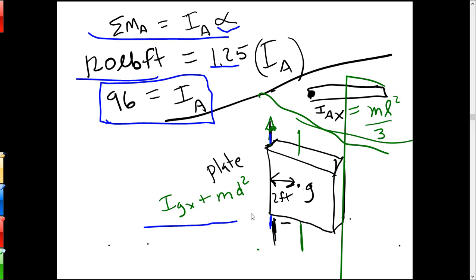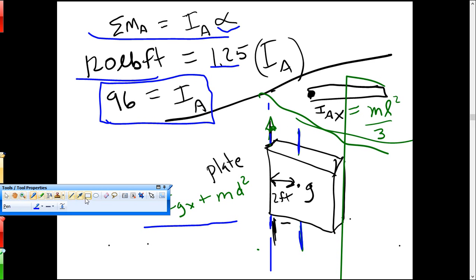So you can handle this two ways. You can treat it like a plate, and if you do that, you're going to use the transfer axis theorem and use this axis that I'm coloring in now through the center of gravity, and then work that over to the hinge line, which would be your axis. You can also treat it like a slender rod and just go with ML squared over 3, because you're taking moments of inertia about the far side there.